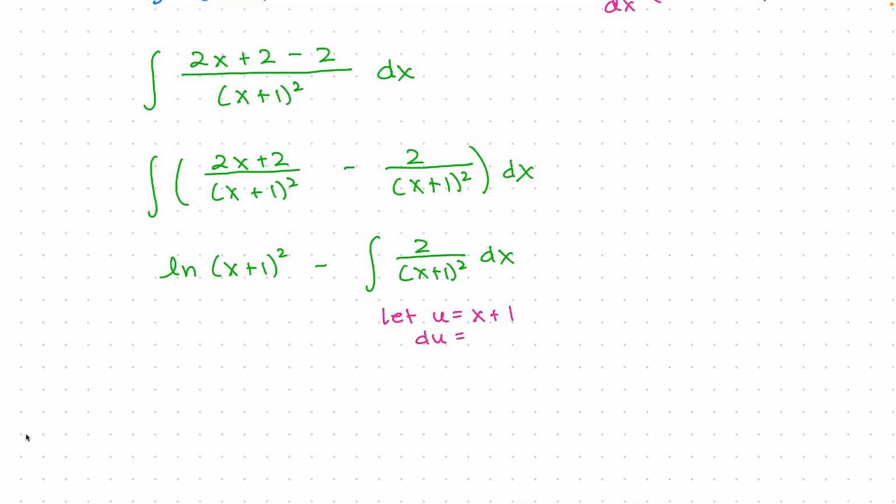So the derivative of the left is du, the derivative of the right is just dx. So now when we go ahead and substitute in, that 2 isn't part of anything, so it's just there. But then it's over u squared du.